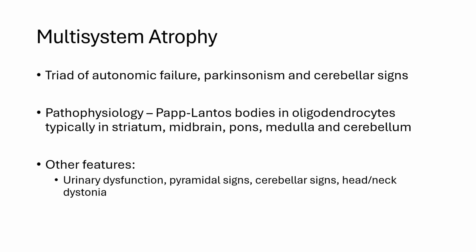Multi-system atrophy, you get multiple things, again, multi-system, so you can get lots of weird and wonderful things, but generally the triad that they focus on is autonomic failure, Parkinsonism, and cerebellar signs, and often the question will include urinary dysfunction because that's quite an obvious multi-system atrophy thing. And then the head and neck dystonia, again, that's multi-system atrophy.